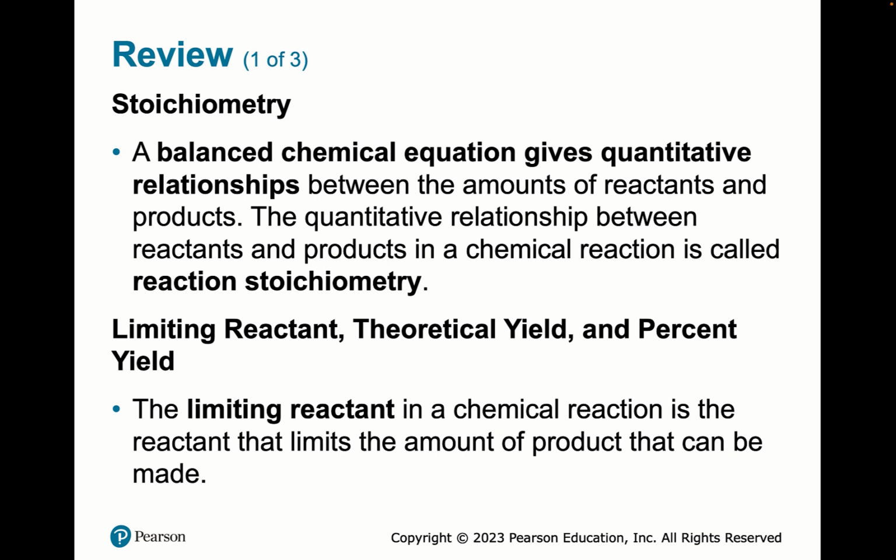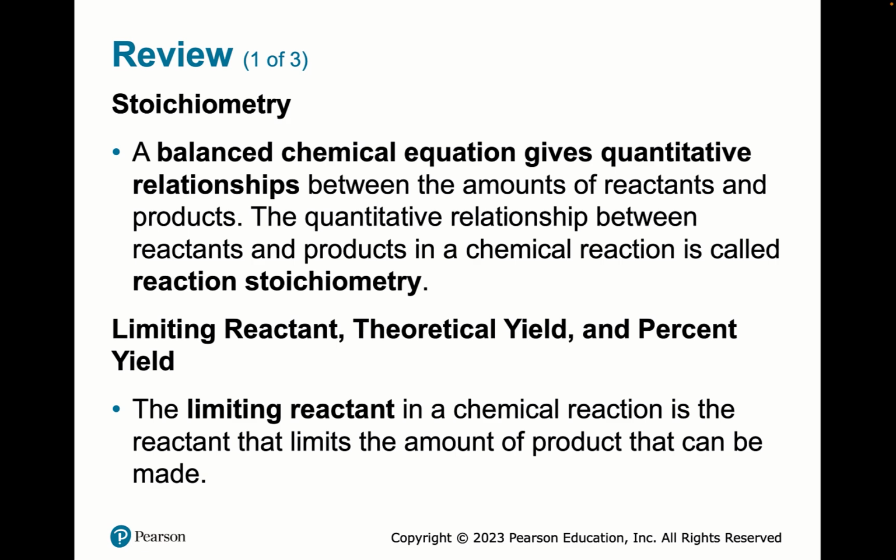Students tend to have the hardest time with theoretical yield and determining which one is the limiting reagent, where the smallest amount should give the theoretical yield. A lot of times, some of those mistakes come from the chemical equation not being balanced correctly. So make sure that you balance the chemical equation correctly.